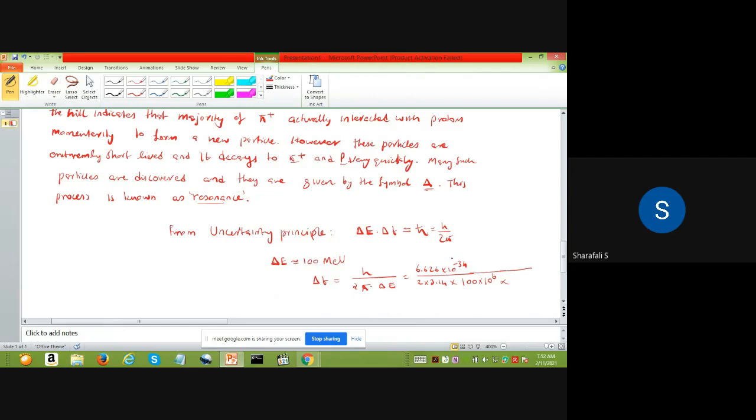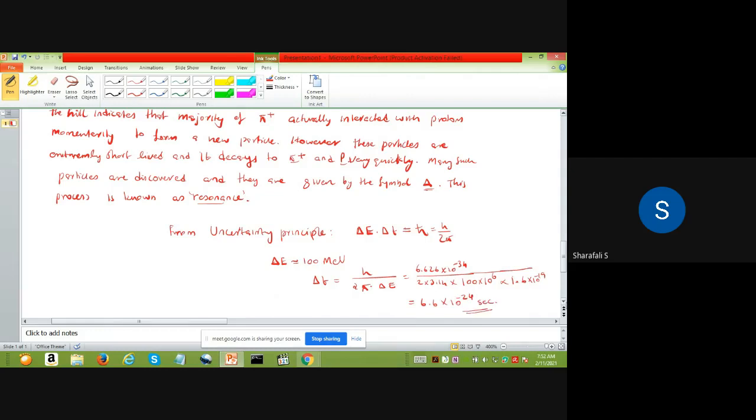Also, in order to change this unit joule to electron volt, I had to divide the numerator by 1.6 × 10^-19. So this will give you a total of 6.6 × 10^-24 seconds.